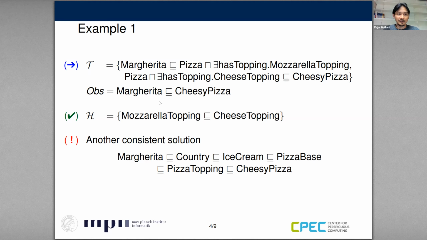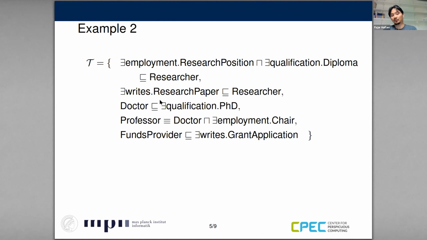As another example, which is not quite obvious, suppose we have the following T-box about research, doctorate, professor, about universities, which I will not explain in detail. Suppose we have an observation that professor is a researcher, and this observation is not entailed by T, but you don't need to think about it. Just trust me on this.